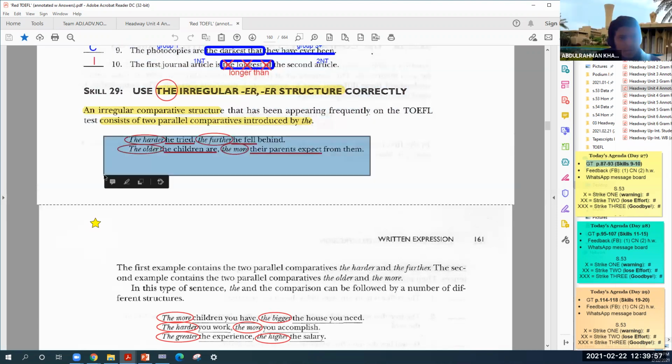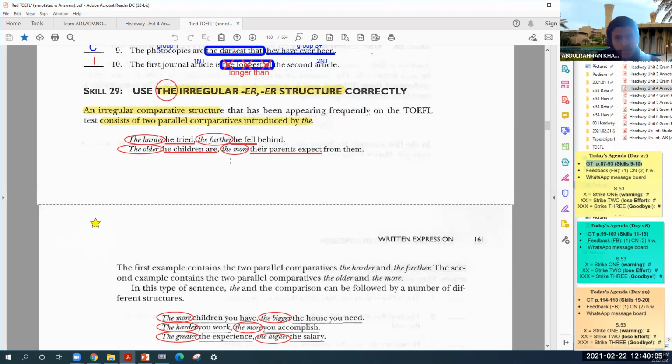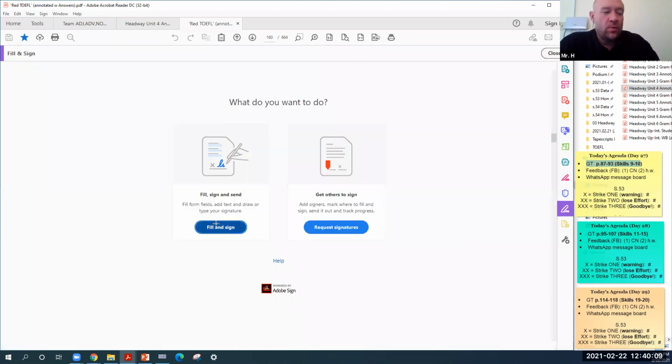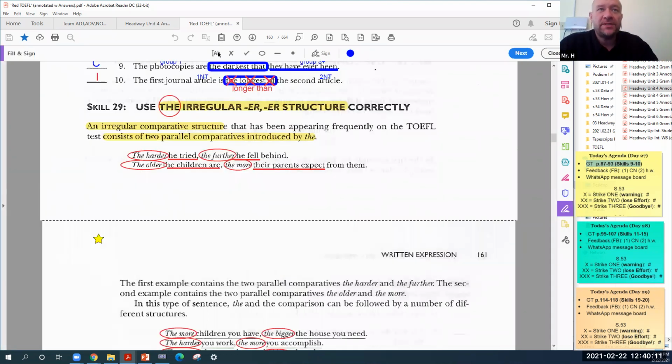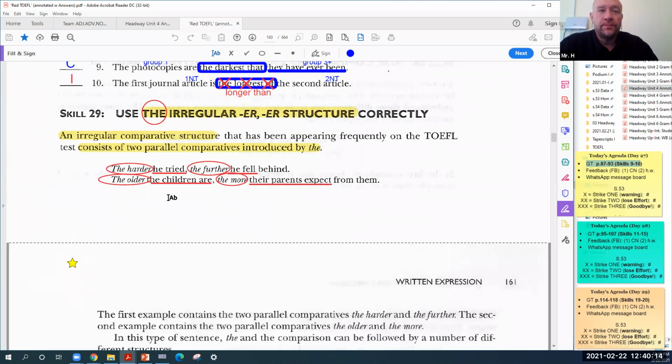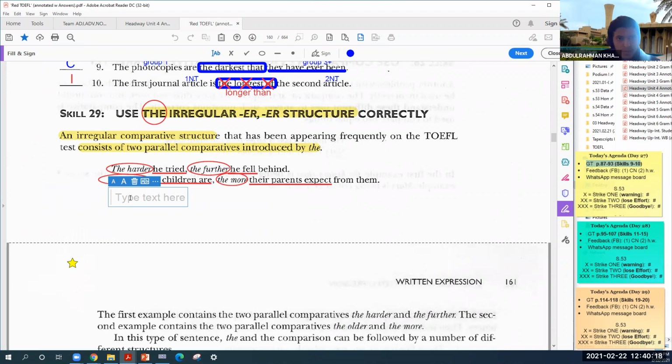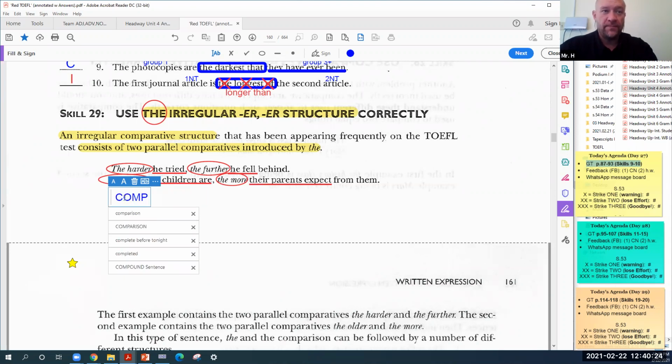Abdurrahman Khalid, second example. The older the children are, the more their parents expect from them. So look at the structure here. What's the structure in this example? The older. So at the beginning, we have a comparative, right?